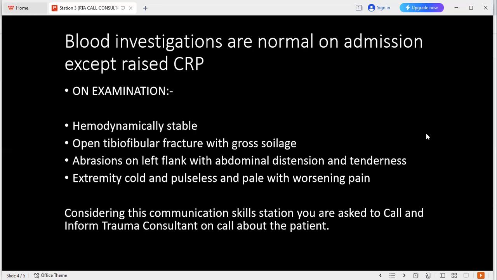Okay, doctor. But you have told me all this detail of the patient, but why are you calling me at this time? How can I help you? Yes, this patient may need urgent surgical intervention. Okay. So for that, you told me that you are going to consult the orthopedic consultant and also the vascular consultant. So what will be my role?